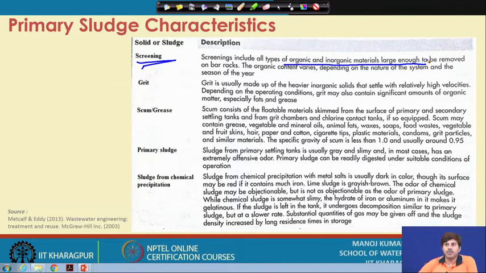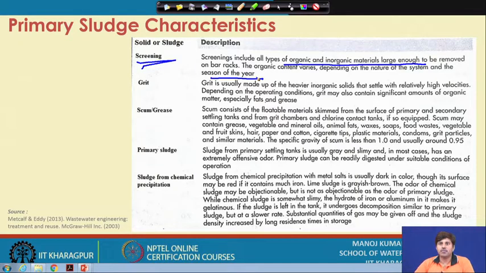Let us say an iron rod is coming, or an aluminum sheet is floating through that. So, some metal, those kinds of things. It totally depends on the nature of the system and the season of the year also. In monsoon, a lot of things go into the wastewater drains also, so there will be a much larger portion of screens coming in, which are removed through the screening.